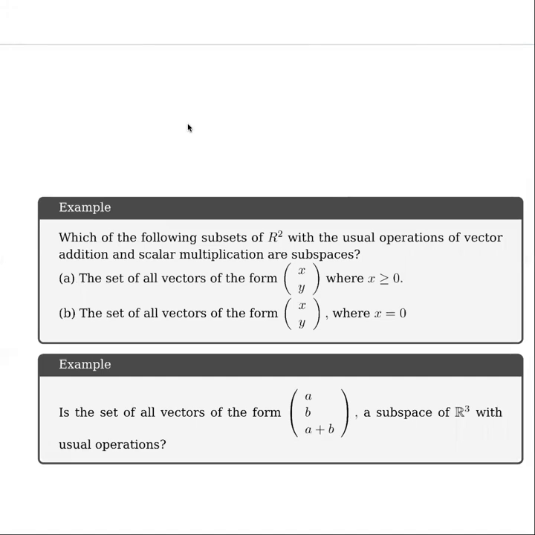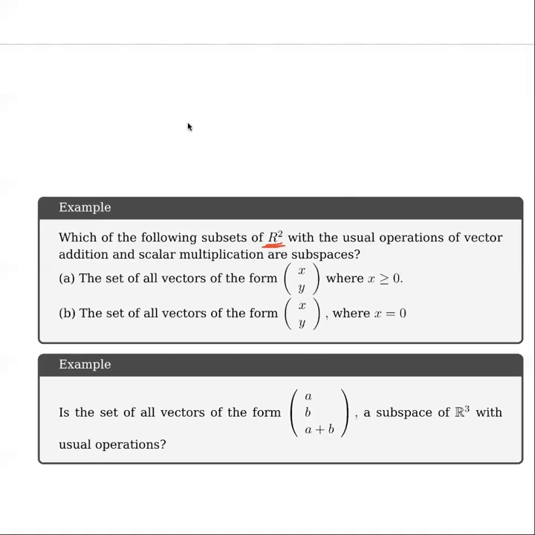Okay, let's talk about a few examples and then we will finish. So we're talking about R squared, okay, R squared. So these are vectors in the plane, so their components are a, b, or x, y. So we take the usual vector addition, adding vectors in the usual way, and scalar multiplication.